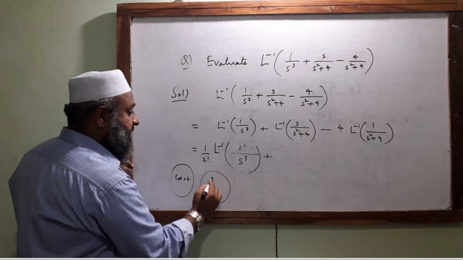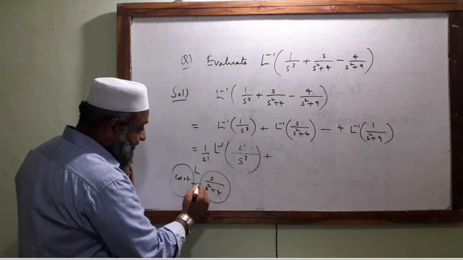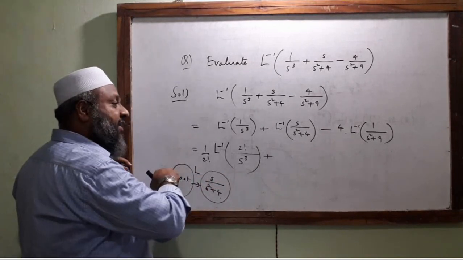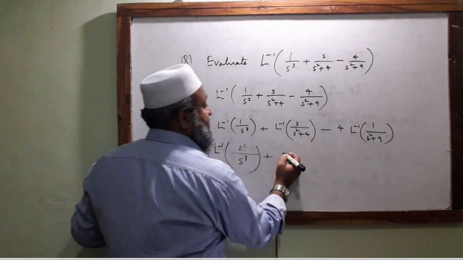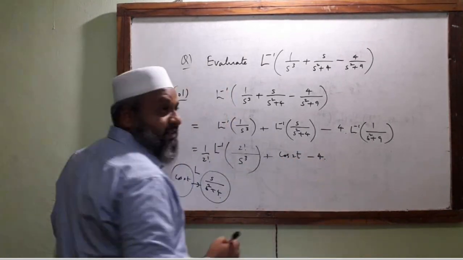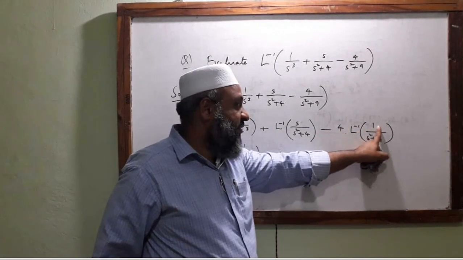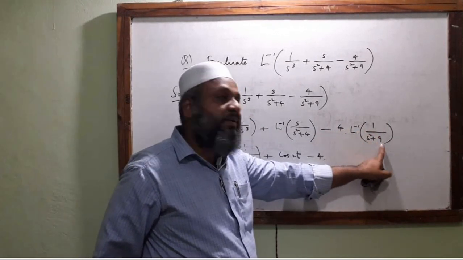You know that it is s by s square plus 4. So L of this is this one, so L inverse of that one is cos 2t. So this is going to become cos 2t. Minus 4 is as it is. But when a constant is appearing here, it should be a by s square plus a square.